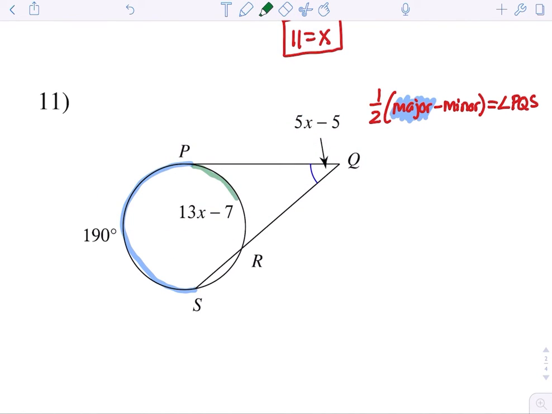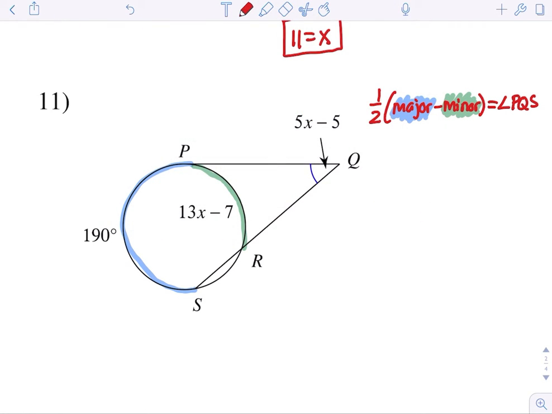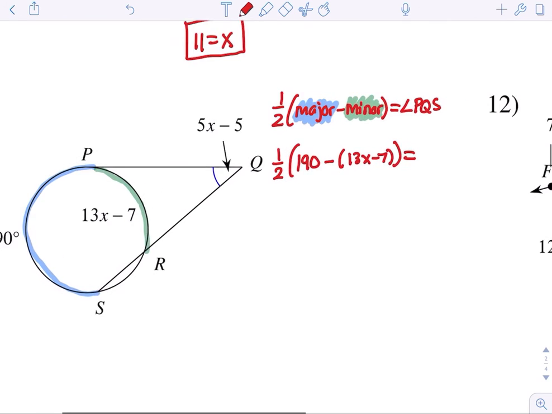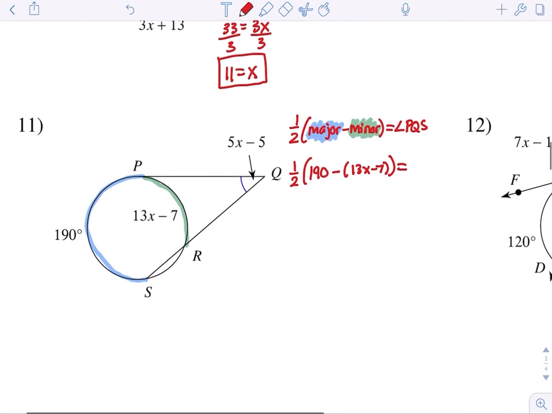Here's the minor arc. So we're going to get 1/2. Okay, 190 degrees is the major. The minor is 13x minus 7, so minus 13x minus 7 is equal to the angle, which is 5x minus 5.